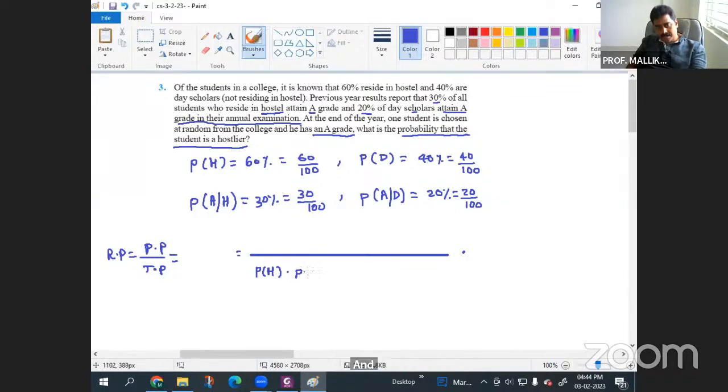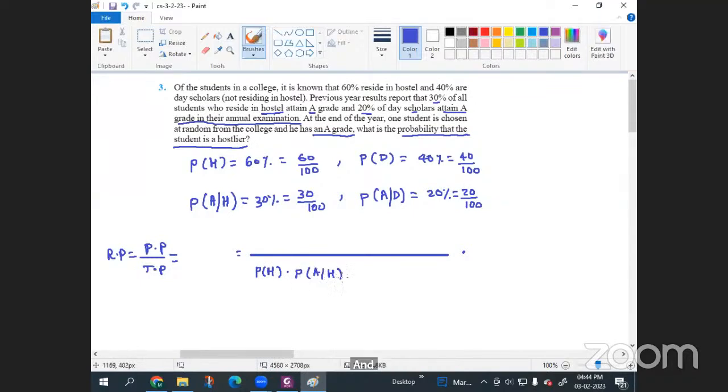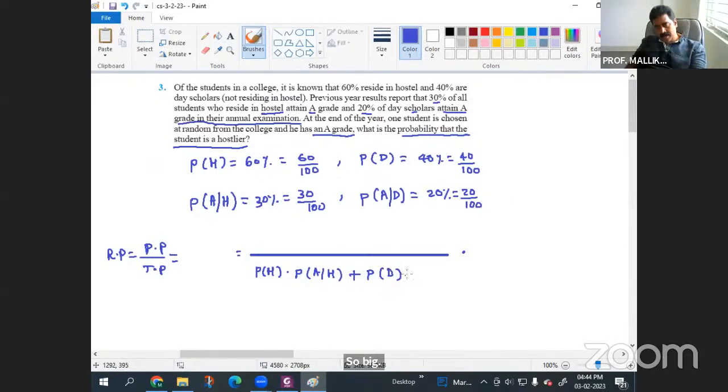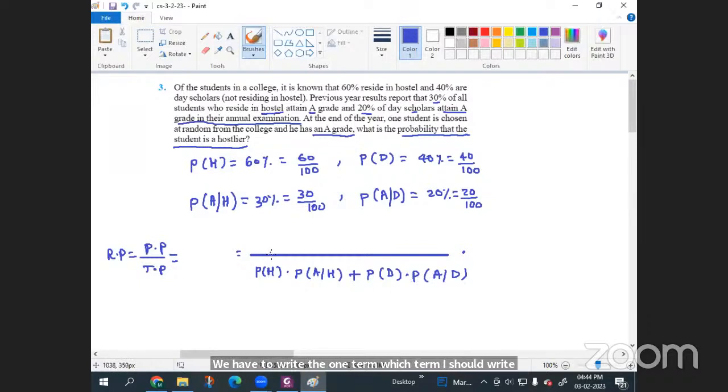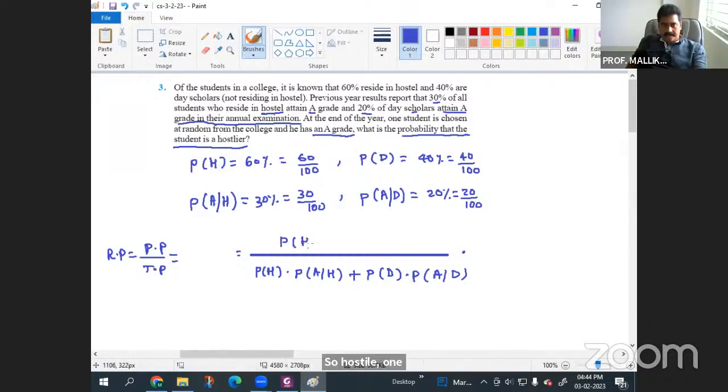So the denominator: probability of hostel into probability of A grade given that hostel, plus probability of day scholars into probability of A given that day scholars. Correct? Numerator, which term do we have to write? Out of these terms only, we have to write one term. Which term should I write? The hostel one. Probability of hostel, yes.